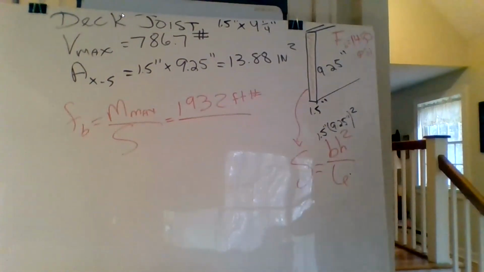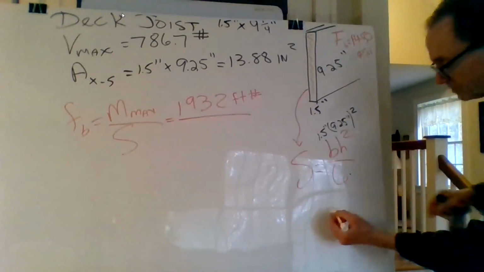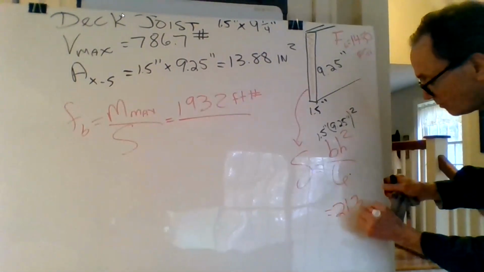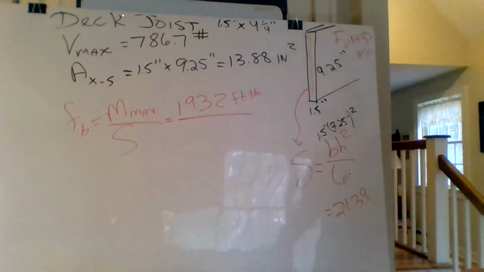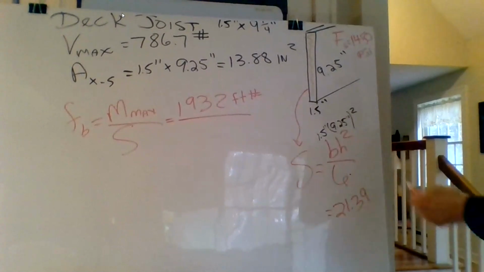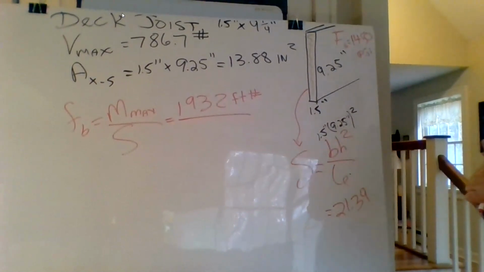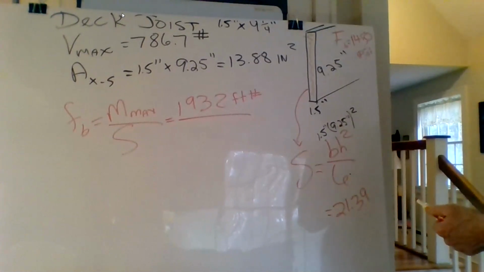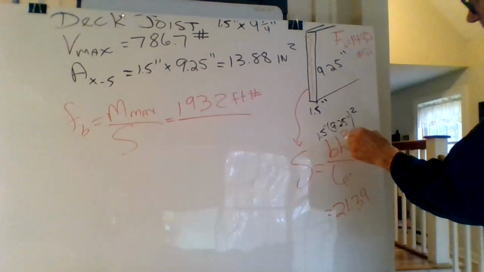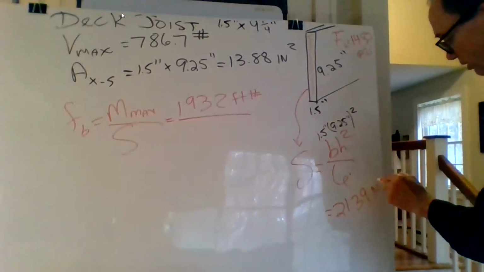So the section modulus is 1.5 times 9.25 squared divided by 6 equals 21.39. What are the units? Inches squared. Oh, that'd be a good units quiz question. Isn't it inch? Nope. Inches cubed. Thank you. Inches times inches squared is inches cubed.